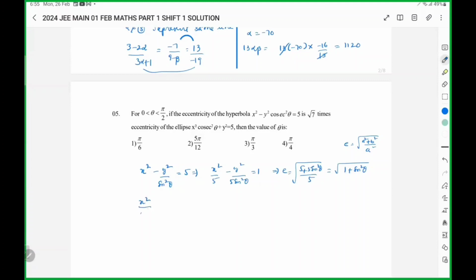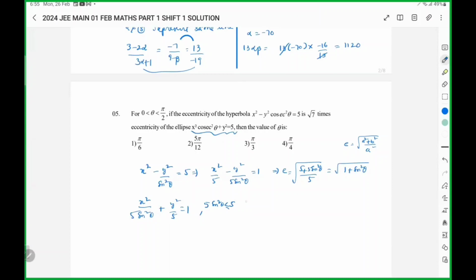For ellipse, after converting in standard format, 5 sine square theta is less than 5.